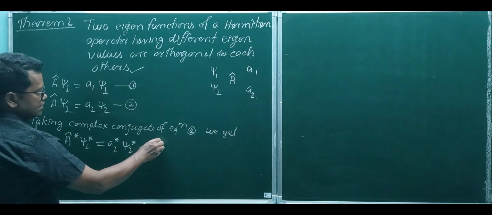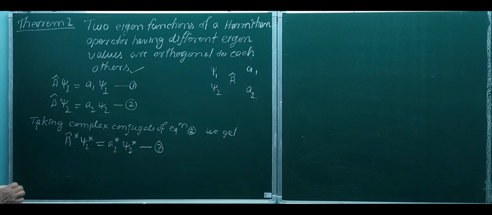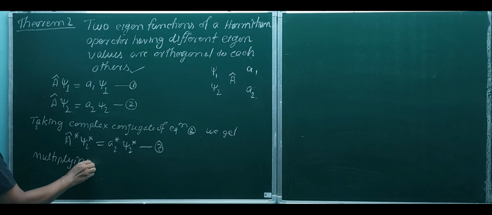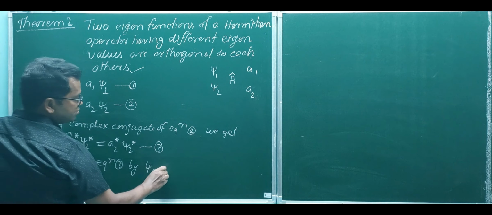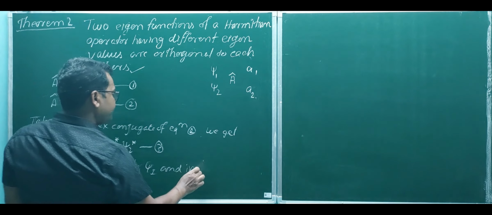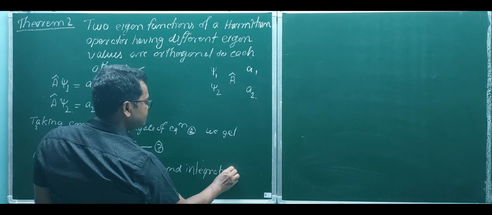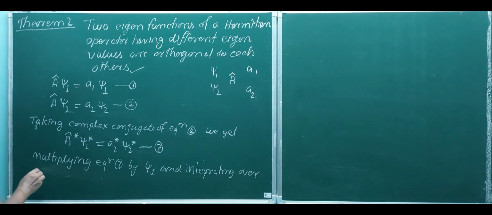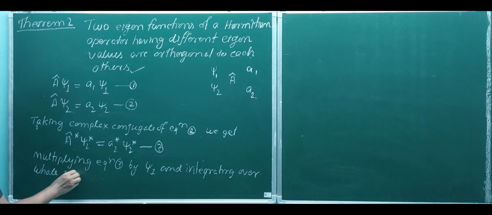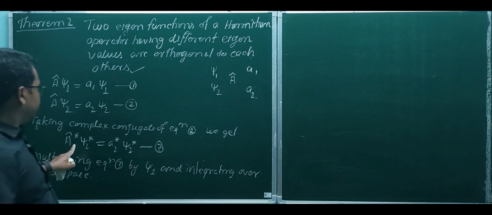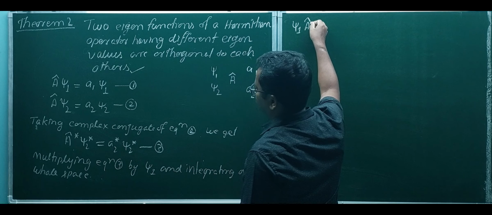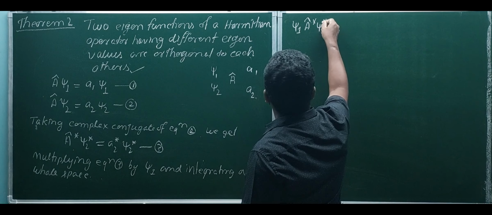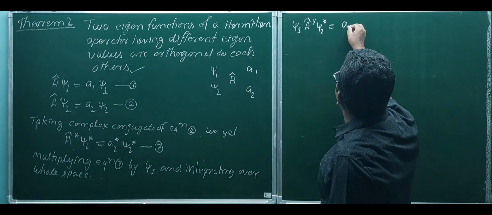Now multiplying equation 3 by psi 1 and integrating over the whole space of configuration, we get psi 1 A cap star psi 2 star is equal to A2 star psi 2 star.